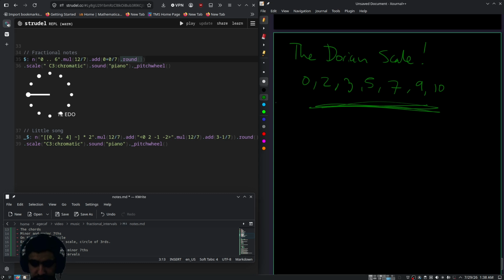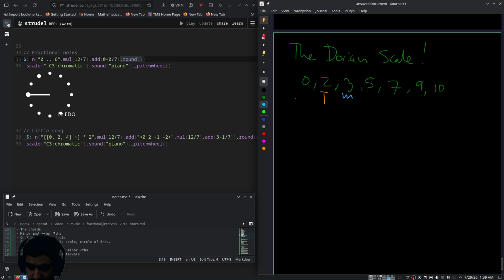Just remembering, that's our tone, our minor third and our minor seventh, our perfect fourth, perfect fifth, and our major sixth. So if this was a minor, this would be the Aeolian scale, but it is not. It is the Dorian scale, the one that is symmetrical.